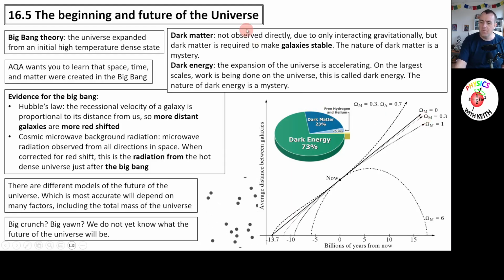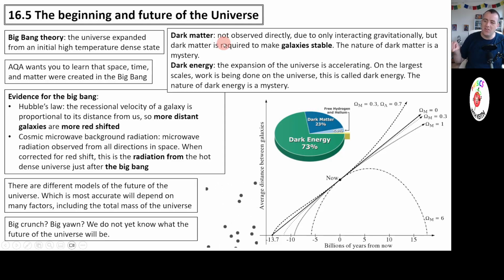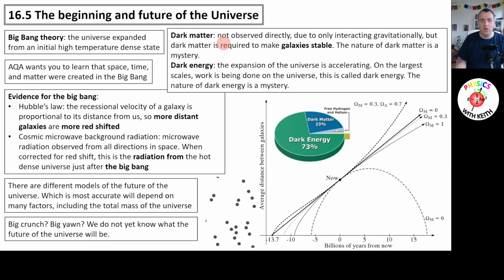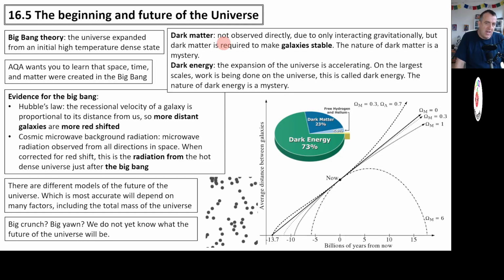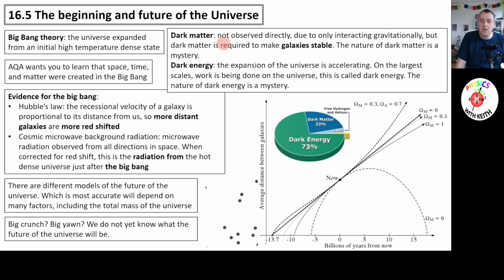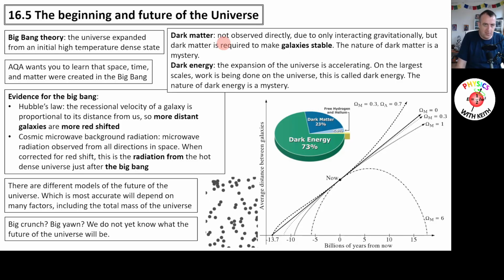Dark matter, we've got a bit more knowledge about than dark energy. Dark matter is matter that does not interact with light, does not have any electric charge, it doesn't emit any radiation, it doesn't absorb any radiation. The only way we know it's there is because of the gravitational effect of that matter.